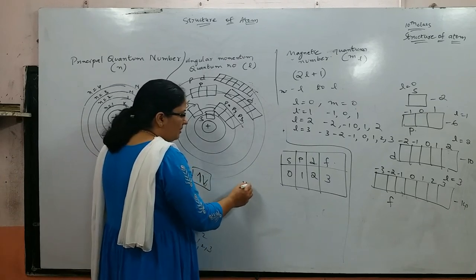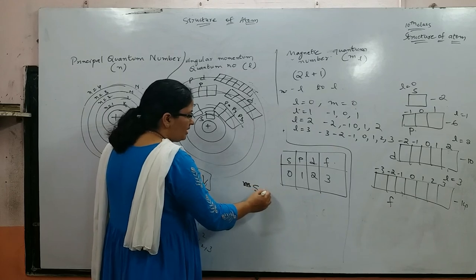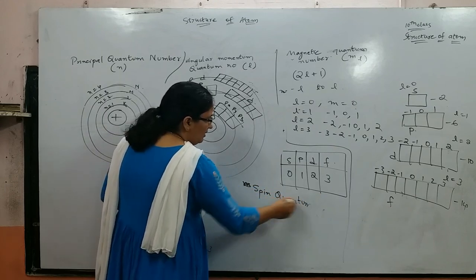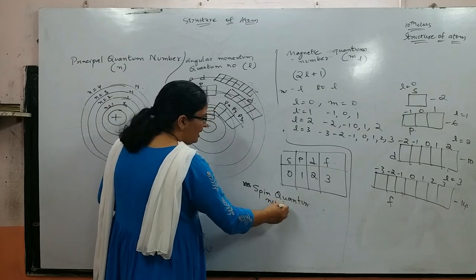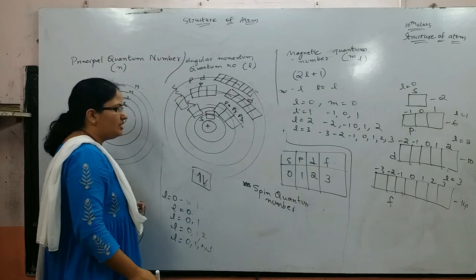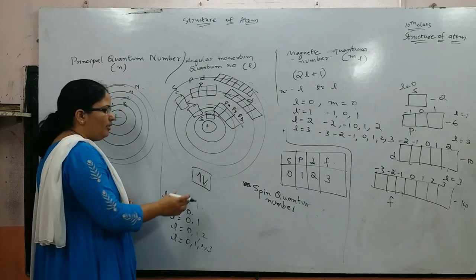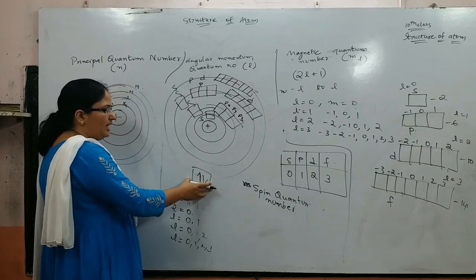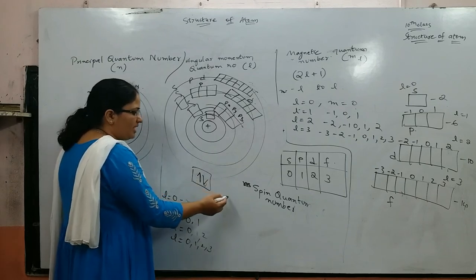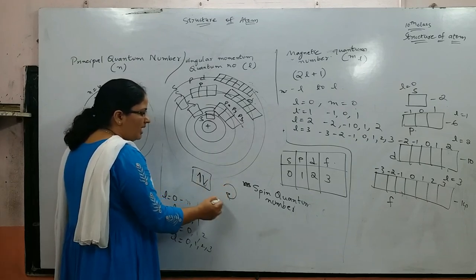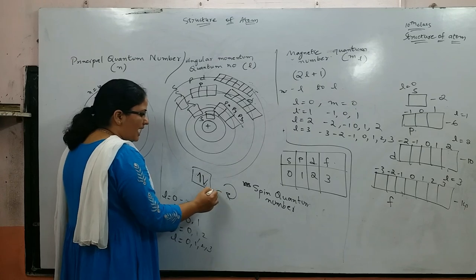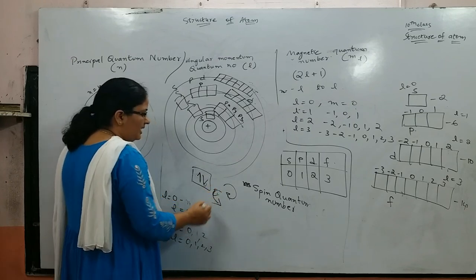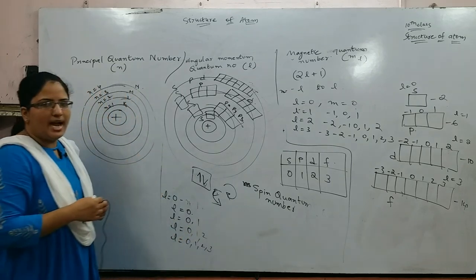The next quantum number that you have is the spin quantum number. Spin quantum number tells us about the orientation of the electron. Now, I told you you can have a maximum of 2 electrons in an orbital. If one spins in the clockwise direction, the other spins in the anti-clockwise direction.